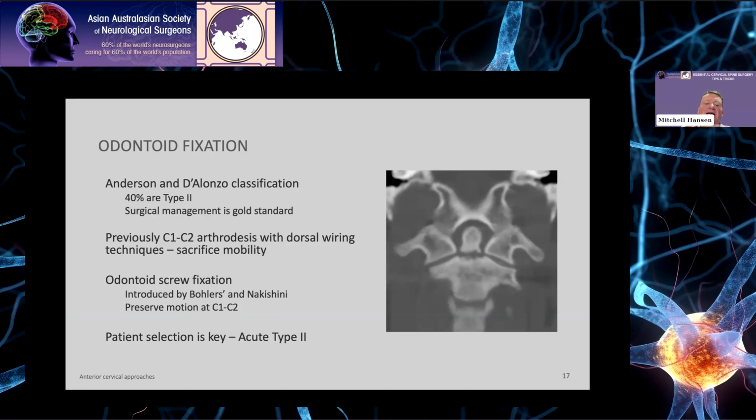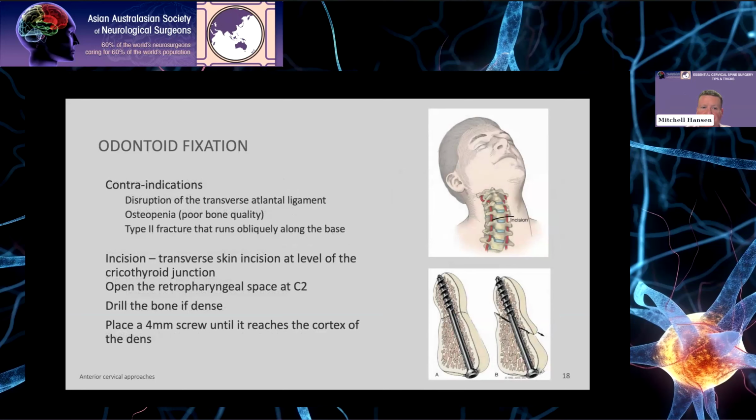Introduced by Bohler and Nakanishi was odontoid screw fixation, where we can preserve motion at C1-2 for type 2 fractures that have the right alignment of the fracture. By placing a screw across the fracture, we can get good reduction of the fragment and still allow rotational movement.